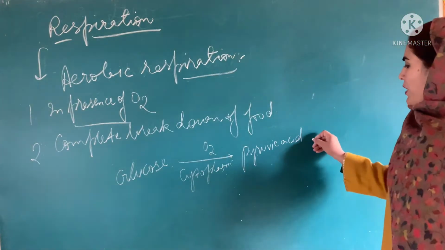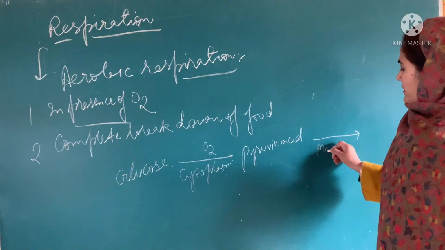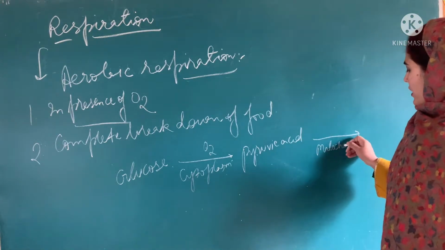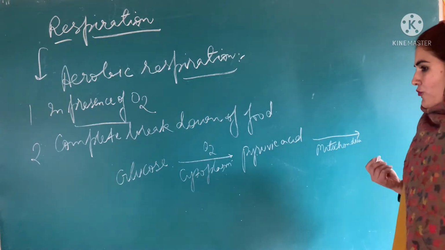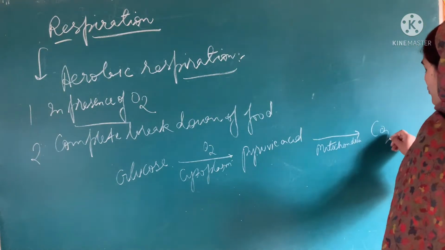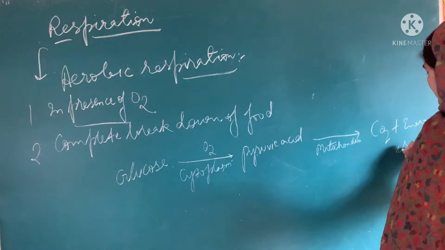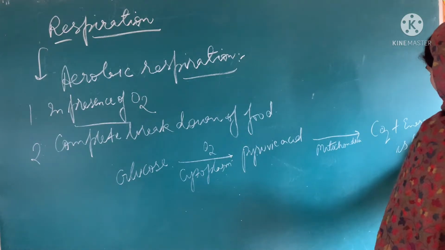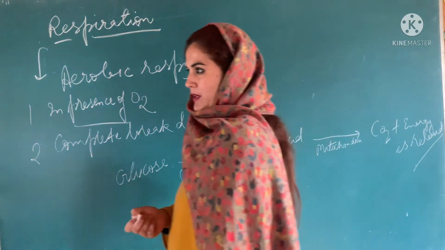Then further this pyruvic acid is broken down, but the process takes place in mitochondria, and here the pyruvic acid is fully broken down and CO2 plus energy is released. So energy is released in larger amount here. So this is aerobic respiration.